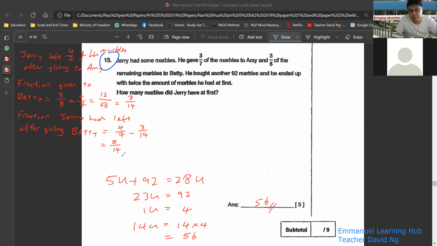So originally, Jerry has 14 units because the denominator is 14. So 5 units plus 92 equals 28 units.